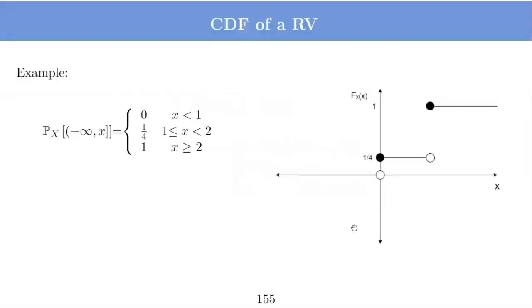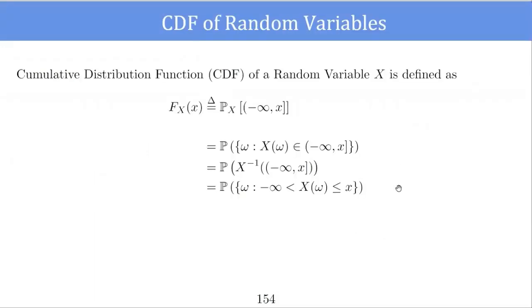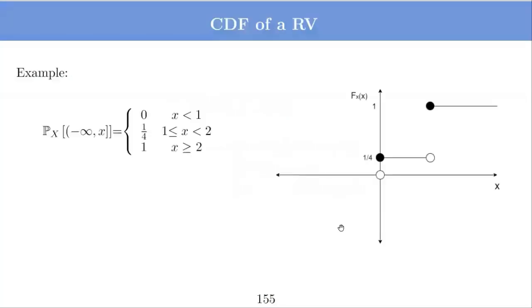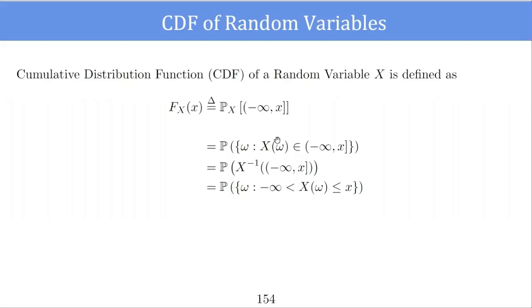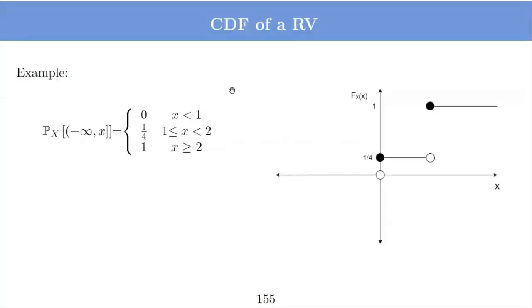Remember, we have calculated this particular object for the example we have taken. We considered an example where we flip a coin, it can get head or tail, and we mapped head and tail to 1 and 2. So we have computed the probability law of this X. Under this definition, F_X will be equal to whatever we have calculated. So when x is less than 1, it is 0.